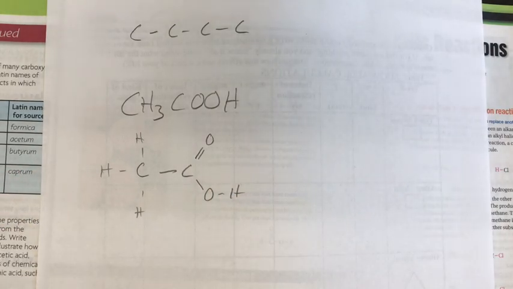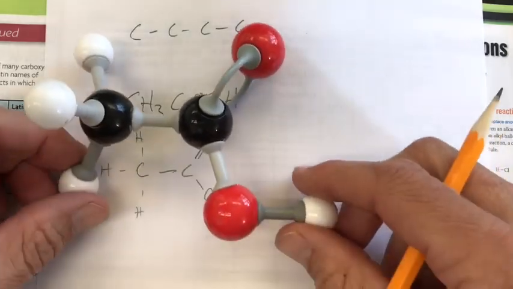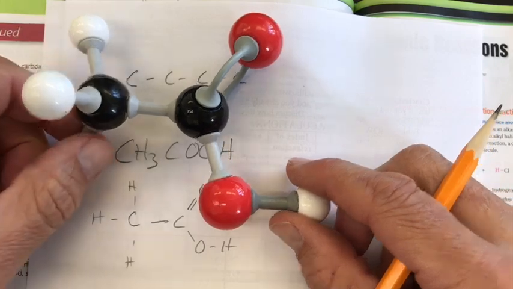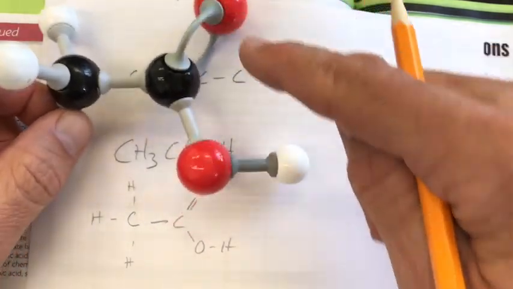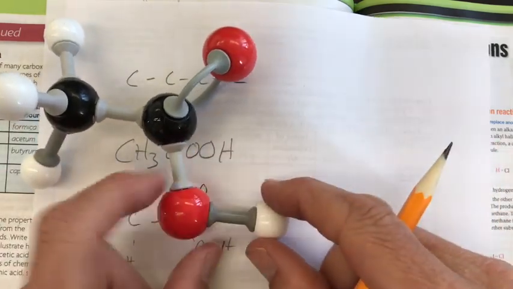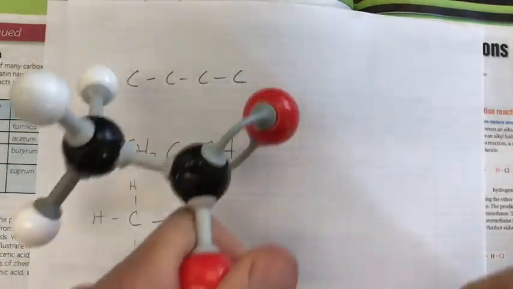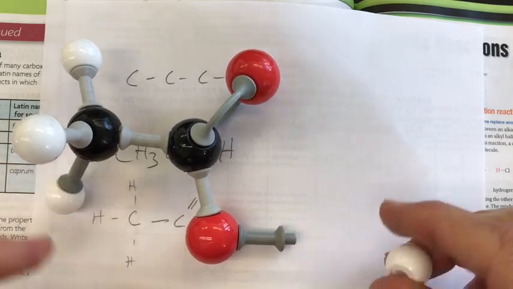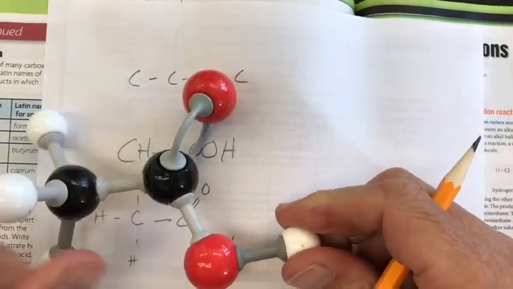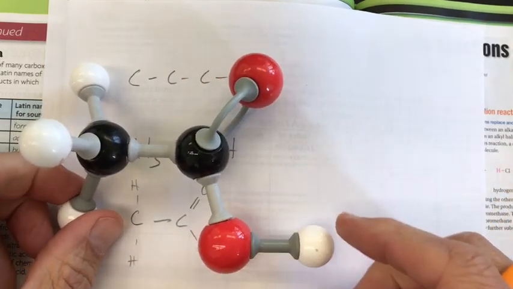Now, here is a model of that. You see, here's our CH3 right here, and here is our COOH. This is the hydrogen that wants to come off and make it into an acid because it would increase the hydrogen ion concentration. That's why it's called a carboxylic acid.